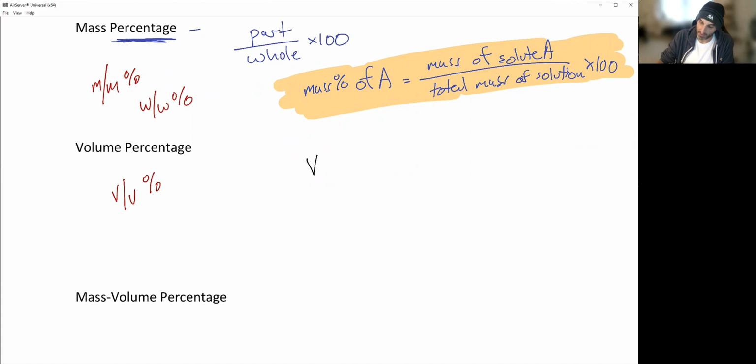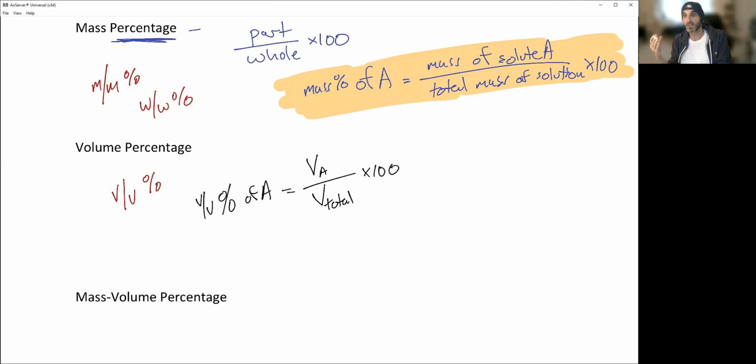So it's the percent by volume. Maybe I'll just use the notation that everyone uses: volume percent of substance A is equal to the volume of A divided by the total volume times 100. And again, this will only work if you can get a volume.